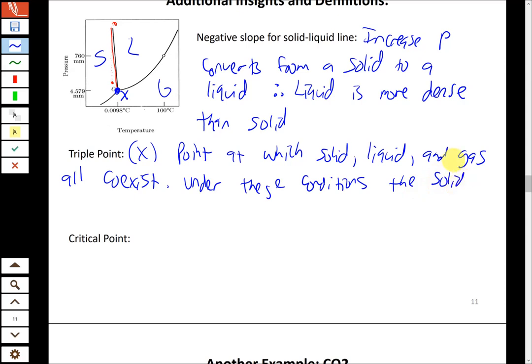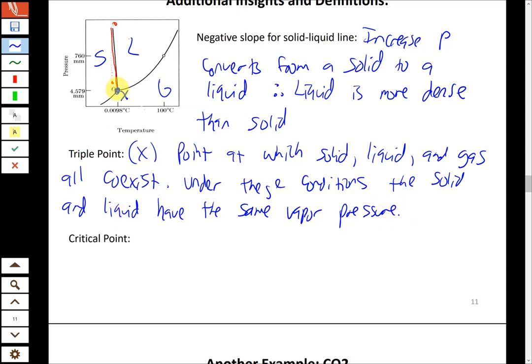Well, the solid and liquid, I should say. The solid and liquid have the same vapor pressure. All right, but that's called the triple point.